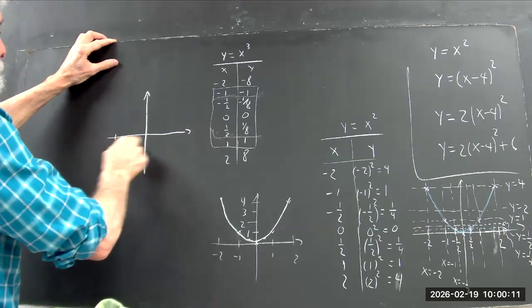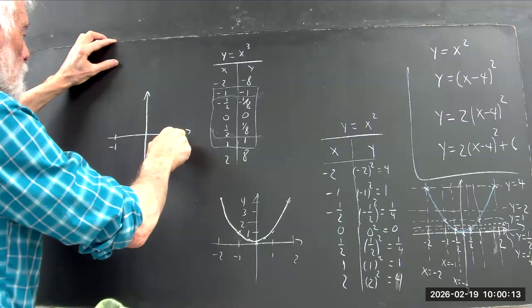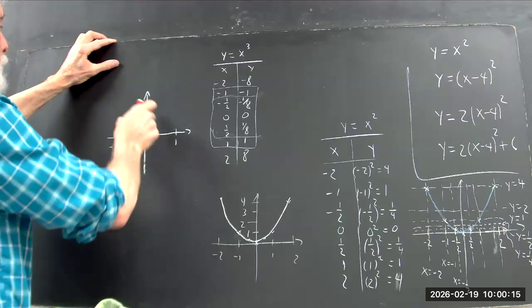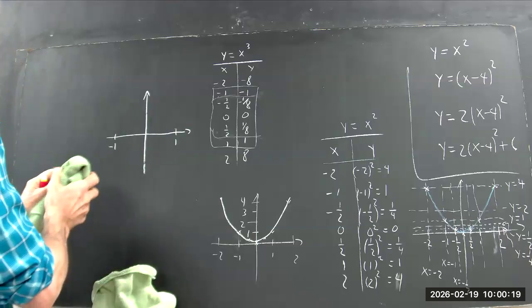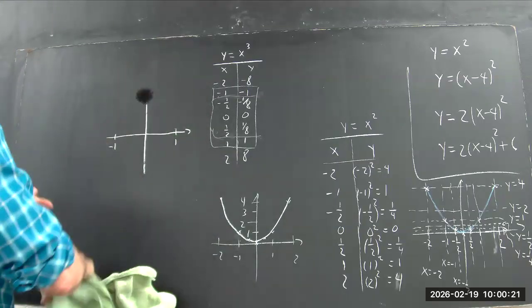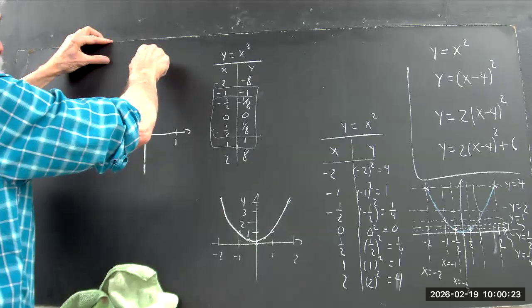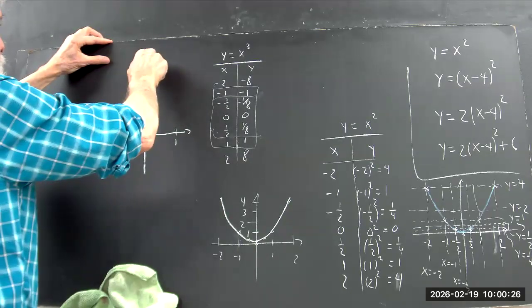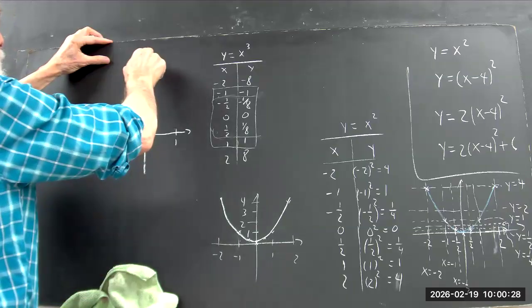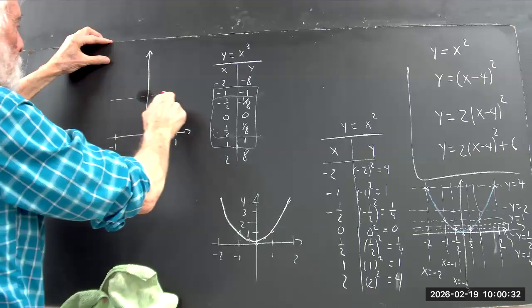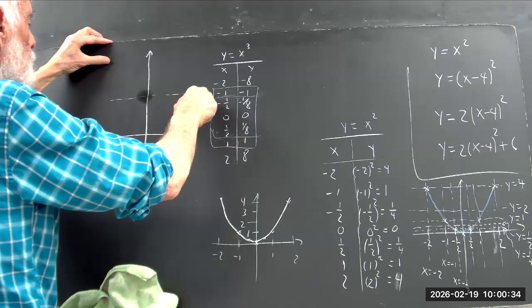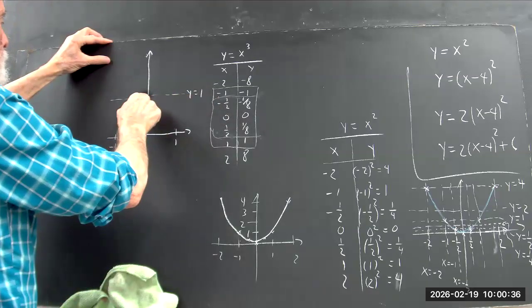So here's negative 1, and here's 1. Between negative 1 and 1, I just need a line for y equals 1.